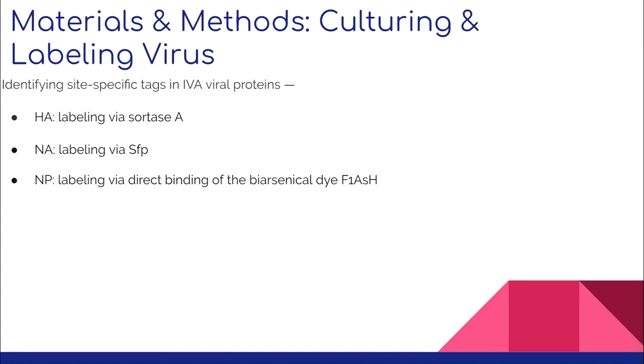Engineering site-specific tags in an amenable IAV protein was accomplished by identifying sequence-specific sites vulnerable to variable labeling molecules for each viral protein. The virus propagated for the purpose of this study was derived from A/WSN/1933, which was genetically altered to replace the WSN M1 gene with a gene which establishes filamentous phenotypes.